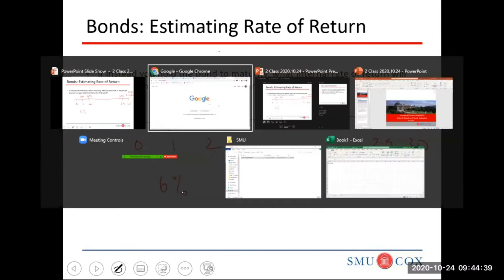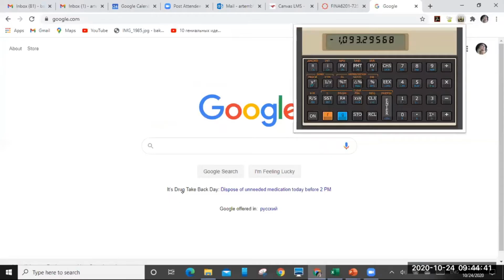And since we had this previous question, let's calculate it. So we guessed it would be 6%, right? That makes sense. But I'll just plug in numbers here for us to practice one more time. So 60 is my payment. $1,000 would be the future value.